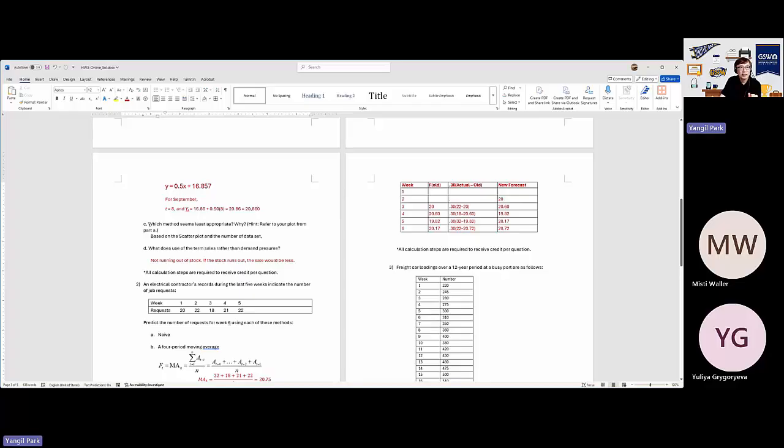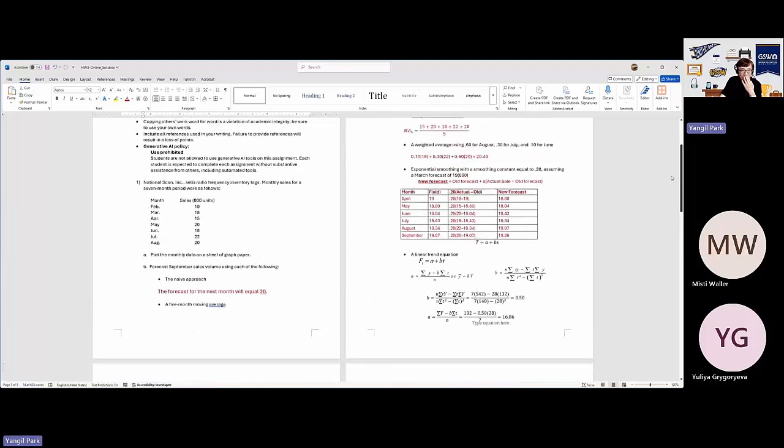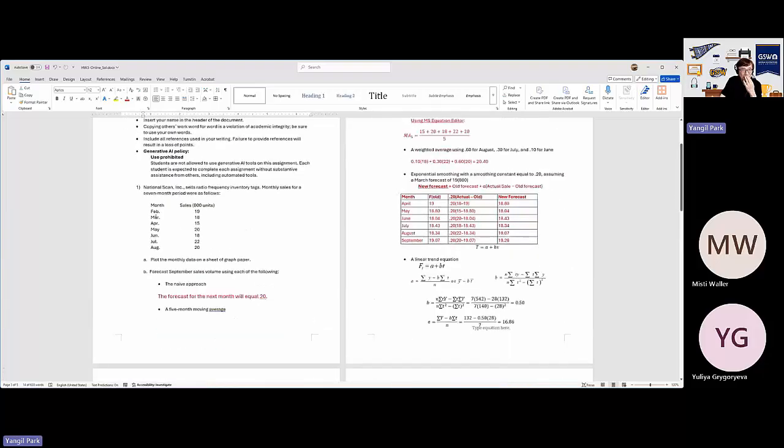Question C is asking, going through all those methods, which method is least appropriate, least likely to be consistent? So you look at those numbers again. We are looking at only 7 or 8 periods, which is very short.